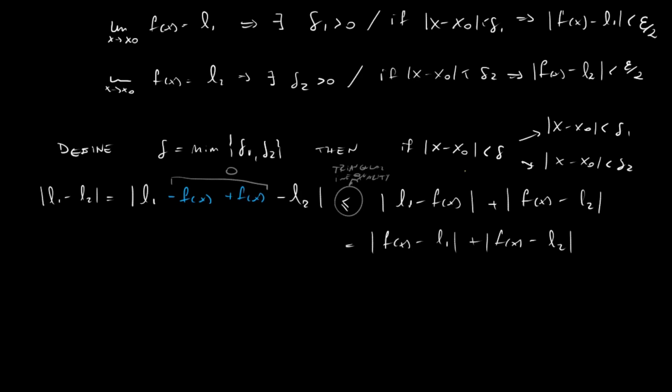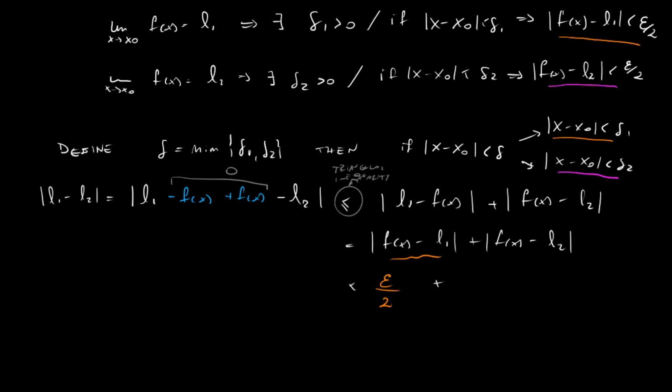And now, because we have that |x minus x0| is smaller than delta, and then |x minus x0| is smaller than delta 1, then we have that |f of x minus L1| is smaller than epsilon over 2. So we can make this smaller than epsilon over 2. Plus, and now we have that |x minus x0| is smaller than delta 2.